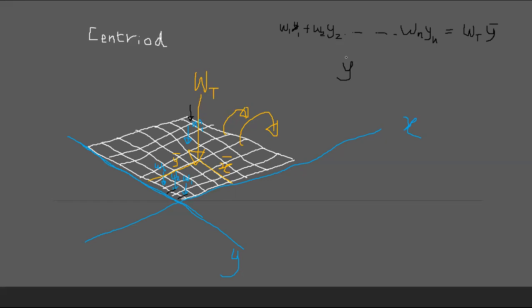So y bar will be equal, so you can take this summation as mathematical form. Don't worry, this is how we write it, right? Sigma means you have to add it. You have to add it. Y into Wi, right, over Wt, right?